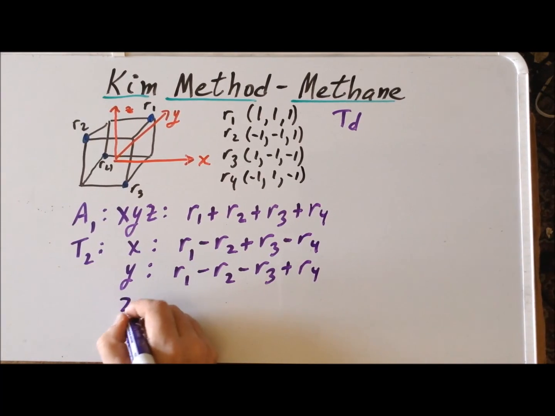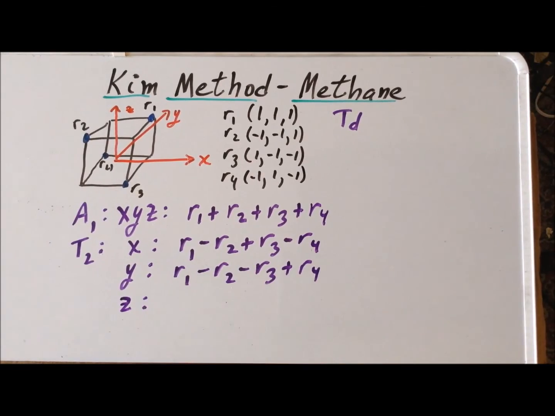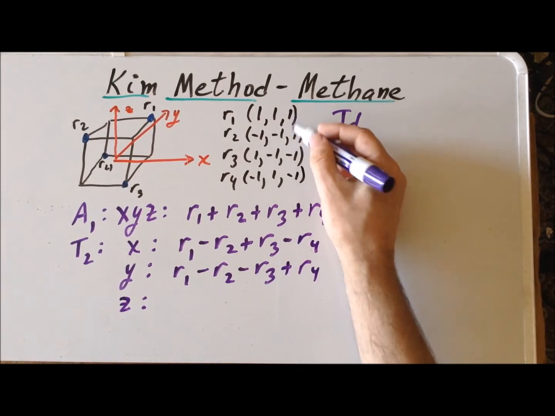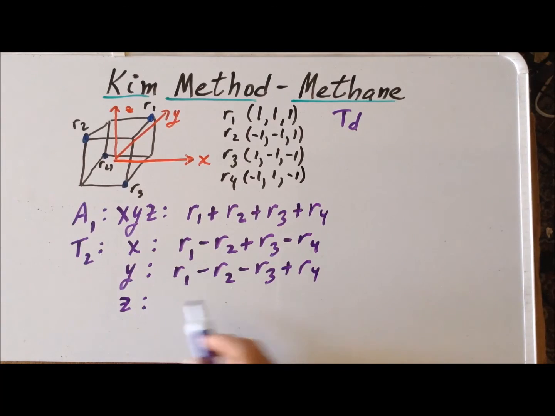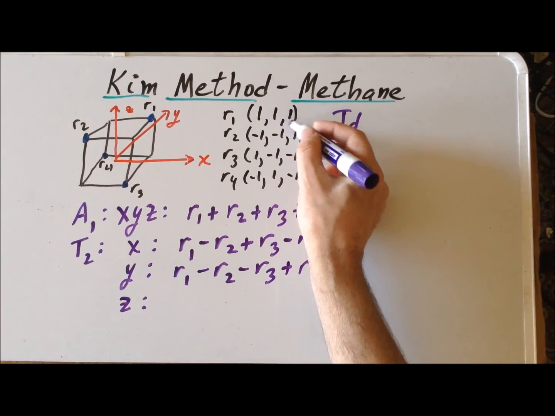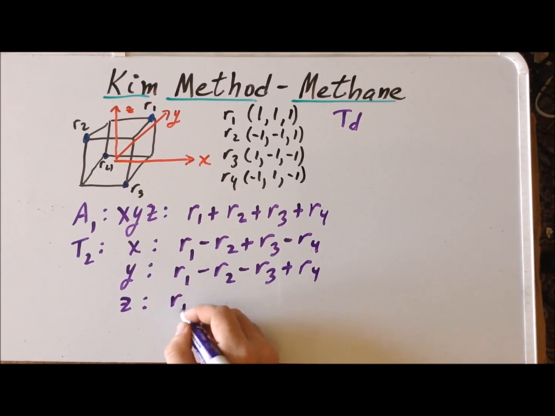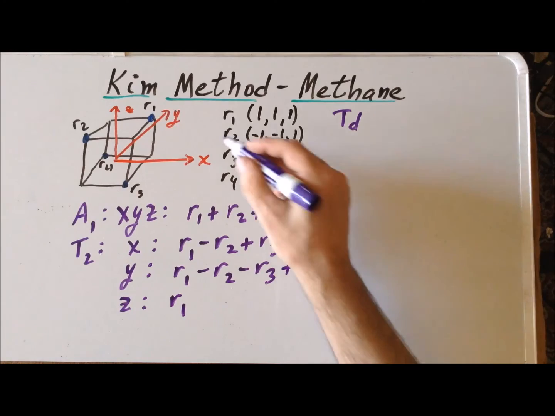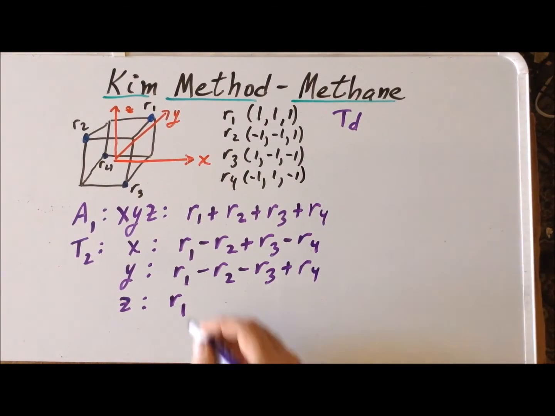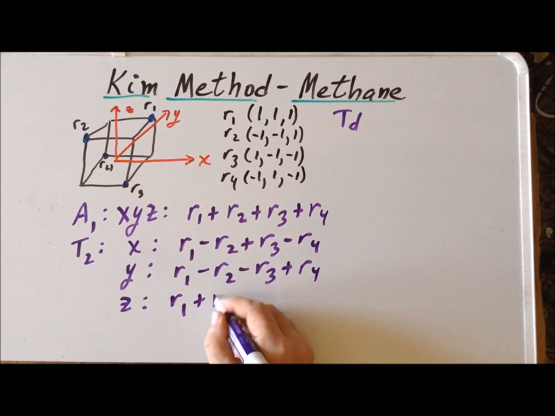Last but not least, we have the z basis function, and we look at the z coordinate to determine the coefficient of each of the vectors R1 through R4 for this vibration. So for R1, the z coordinate is plus 1, so the coefficient is plus 1. For R2, the z coordinate is plus 1, so the coefficient is plus 1.